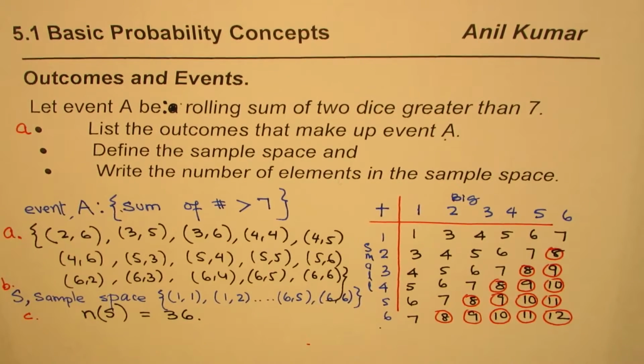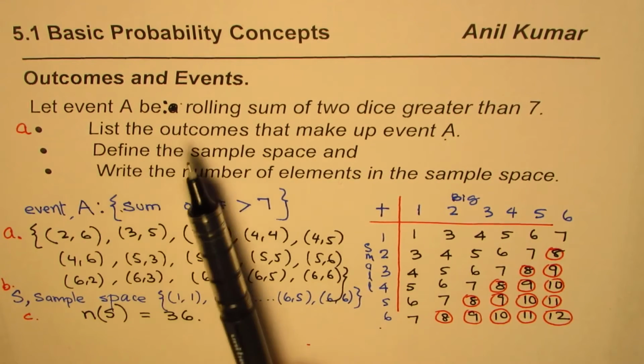I hope this question gives you a clear idea of what each term is. When we say outcomes, all possible outcomes make up the sample space. And the number of elements in the sample space is just the count, 6 times 6 in our case.